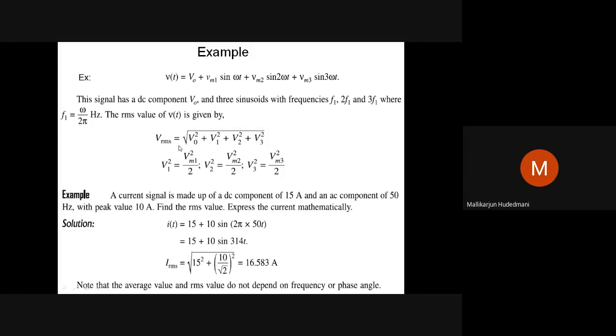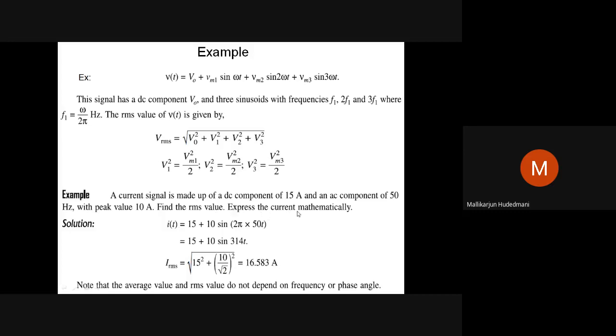I'll go ahead. When I solve numerically, we'll come to know. Similar to this, there is an example. A current signal is made up of a DC component of 15 ampere, like our V0, and an AC component of 50 hertz with a peak of 10. Find the RMS value.